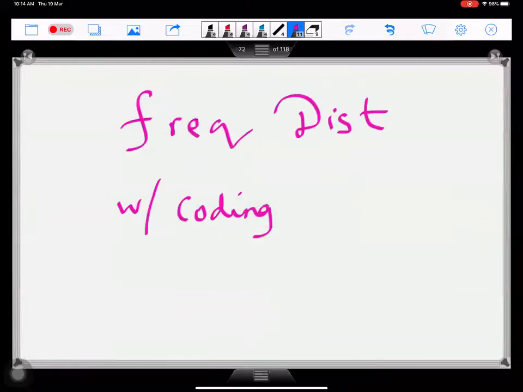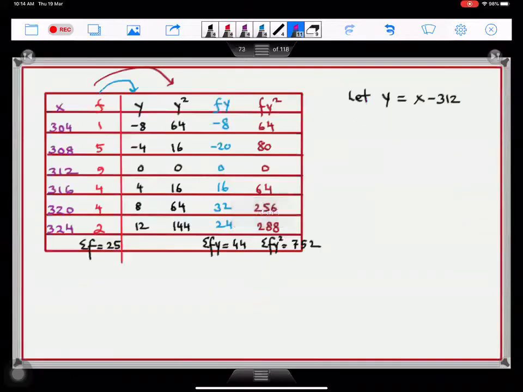Then frequency distribution with coding. We had data like these. We made a coding y is x minus 312. You don't need to worry about this, the examiner will give it. You work everything in terms of y: a column for y, y square, fy square.